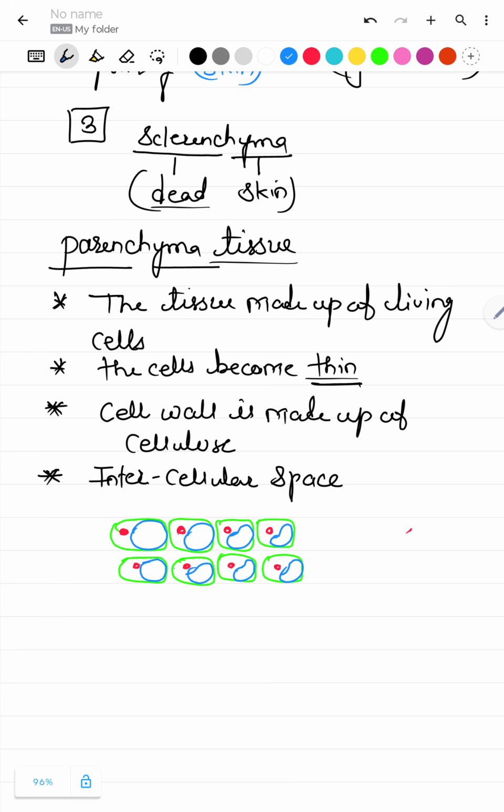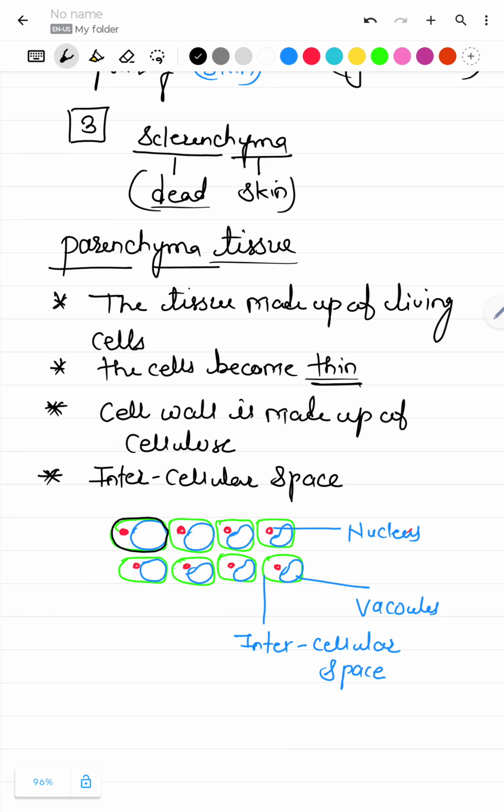So in this, we have the nucleus, the vacuole part, and the intercellular space. This cell wall is generally made up of a polysaccharide sugar.